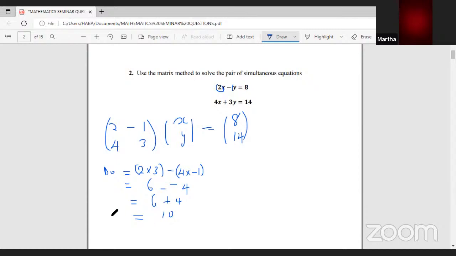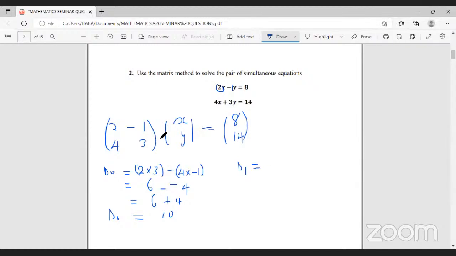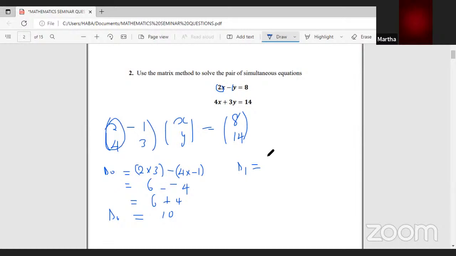So I get determinant 1, which is the determinant for x. To get determinant 1, where I have the coefficients of x, I replace them with the product, which is 8, 14.